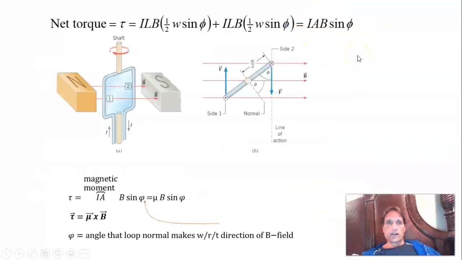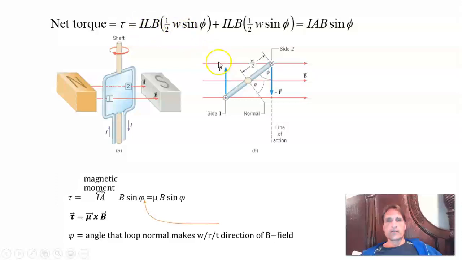Okay? And so mathematically, we can go through and get the torque as the force times the moment arm. The force is IL cross B, and since the current and the magnetic field are perpendicular, it's ILB sine of the angle between, which is 90 degrees.